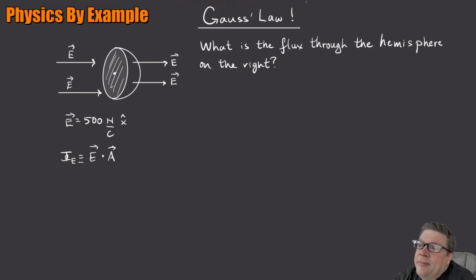That's going to be EA cosine theta, where theta is the angle between the electric field and the orientation of the surface, that normal vector to the surface.